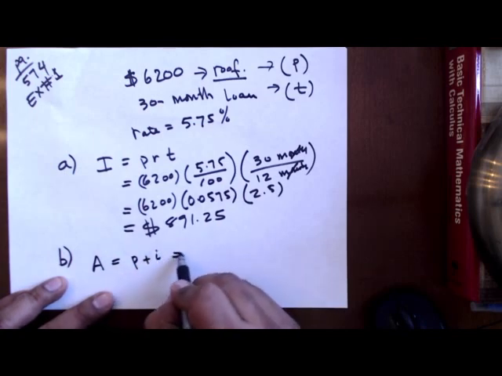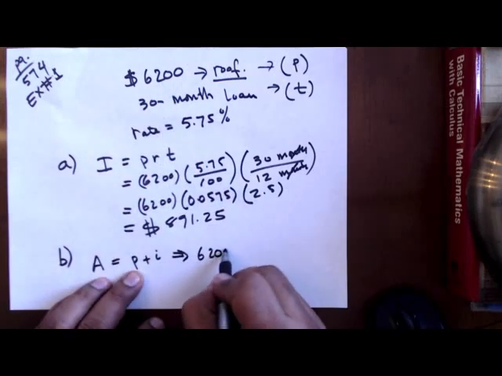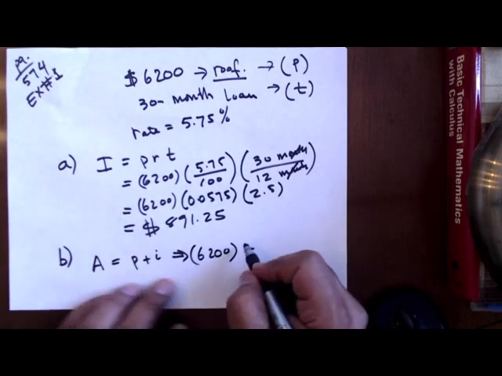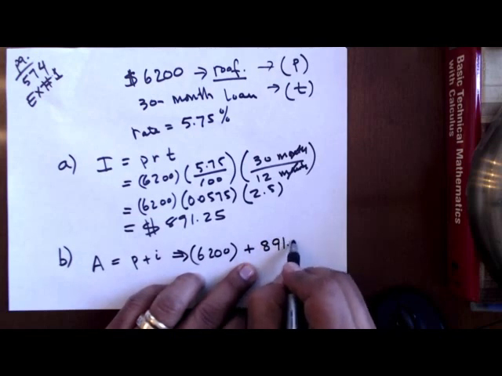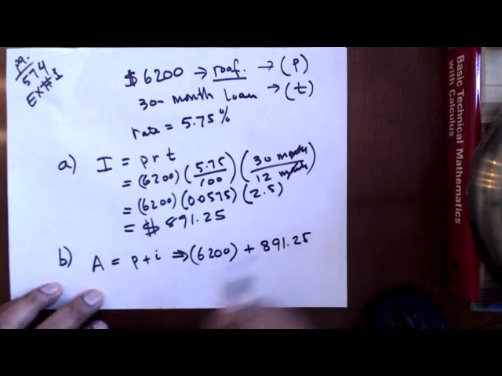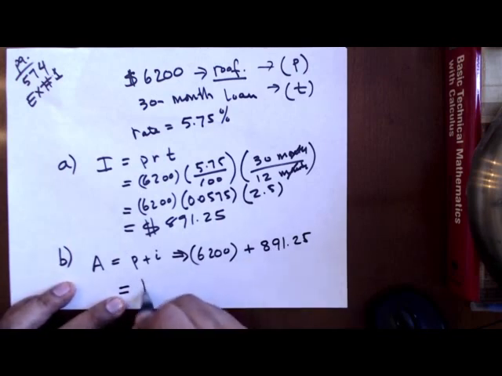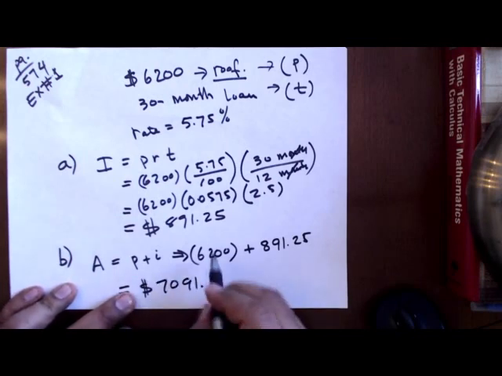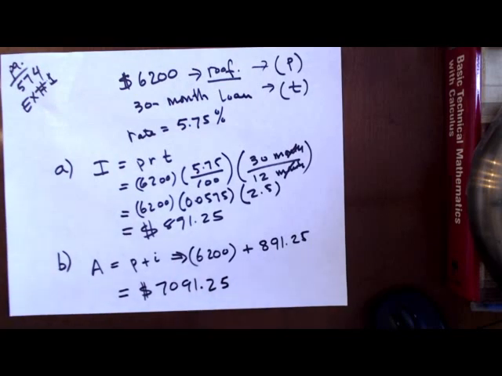The principal we know is 6200. Then we need to add the interest that she pays, so it's 891.25, and the total of this is going to be, in terms of dollars, 7091.25.